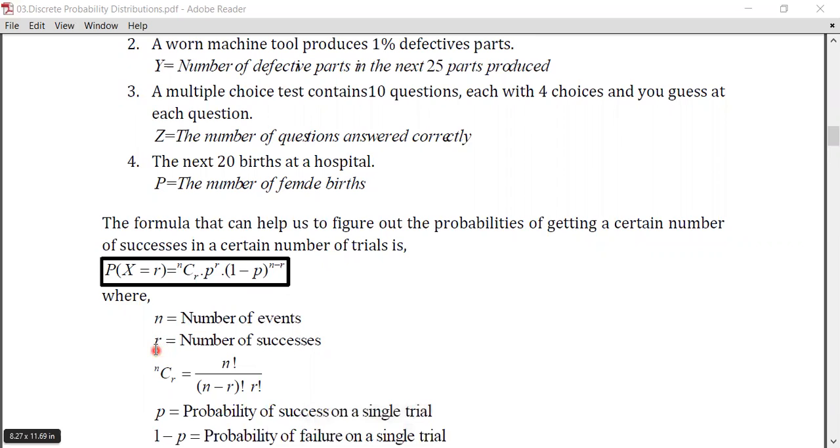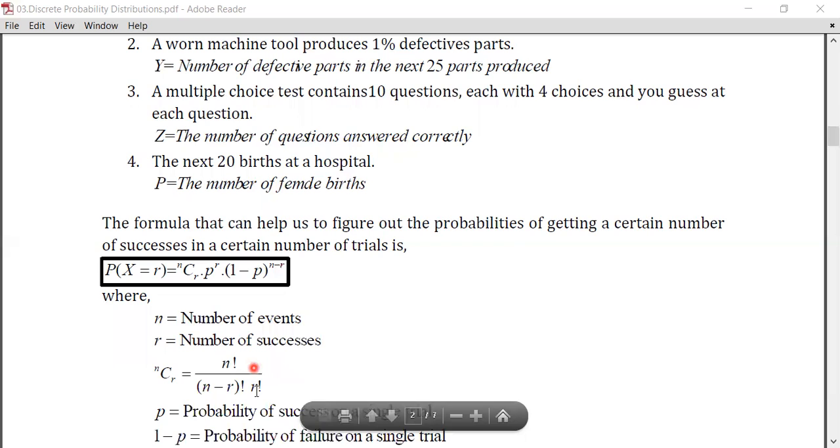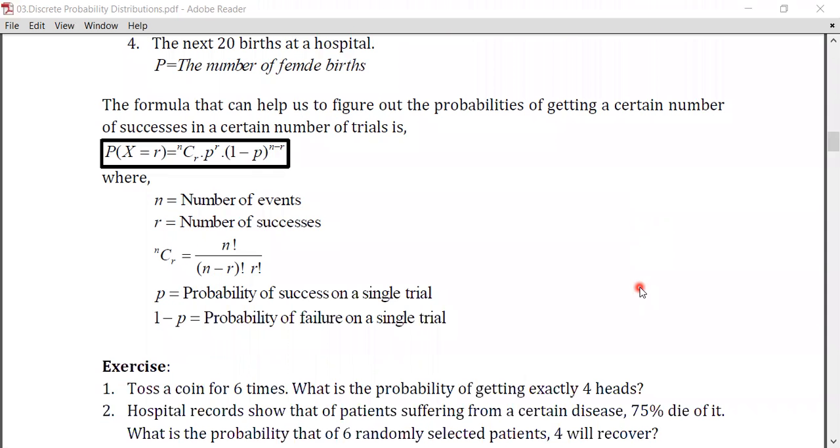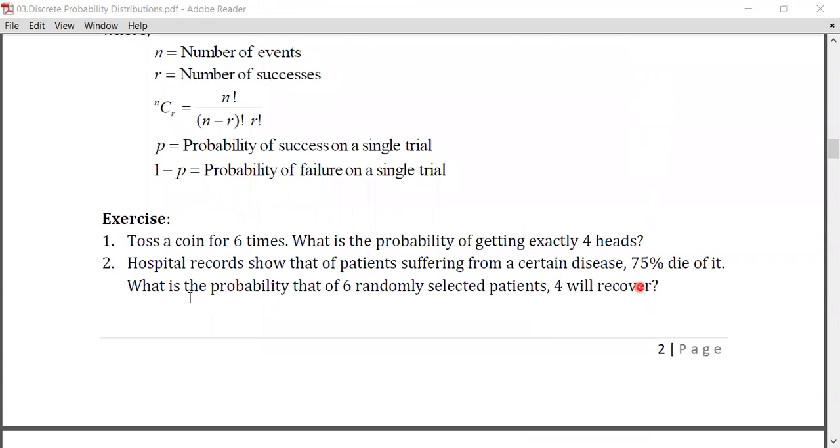Therefore, r stands for the number of successes, and nCr is given by n factorial divided by r factorial times (n minus r) factorial. p is the probability of success of a single trial, and 1 minus p is the probability of failure, because the sum of the probability of success and failure should be equal to 1. These are some exercises you can follow using this binomial distribution.